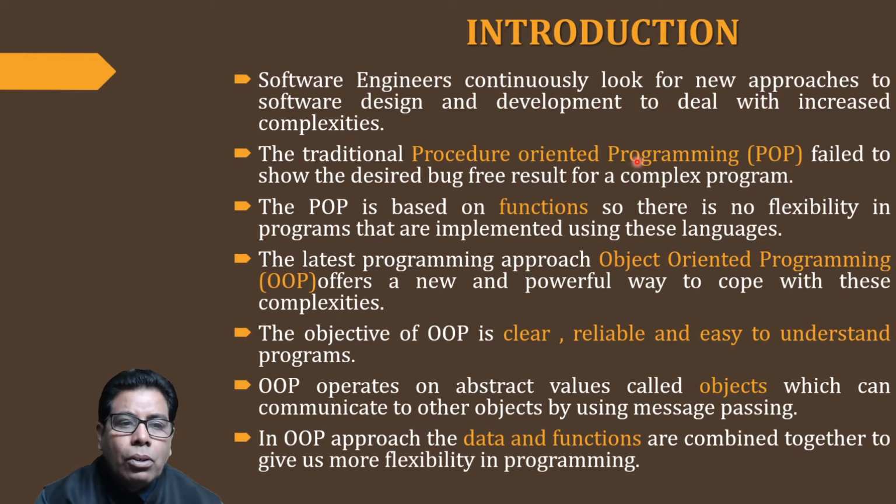The objective of OOP is clear, reliable and easy to understand programs. Here OOP operates on abstract values called objects, which can communicate with other objects using message passing, and it uses data and functions combined together to give us more flexibility in programming. Using classes and objects, this is possible. So we are going to see that.